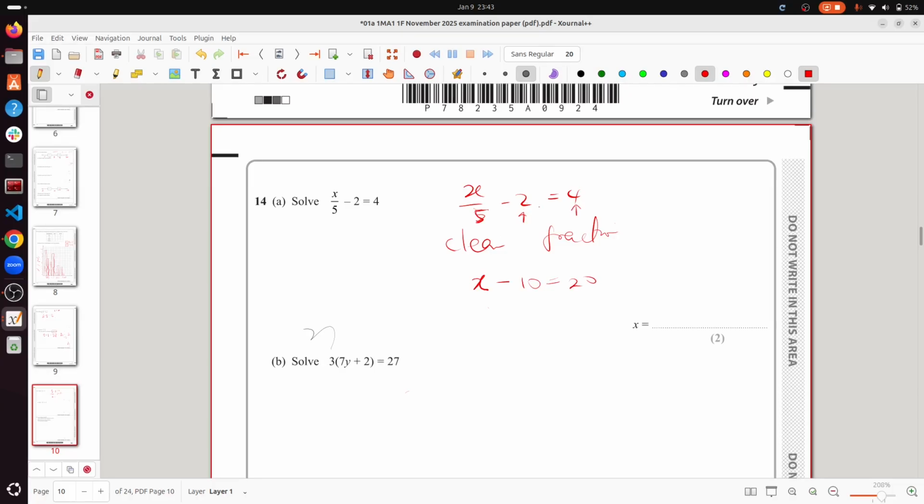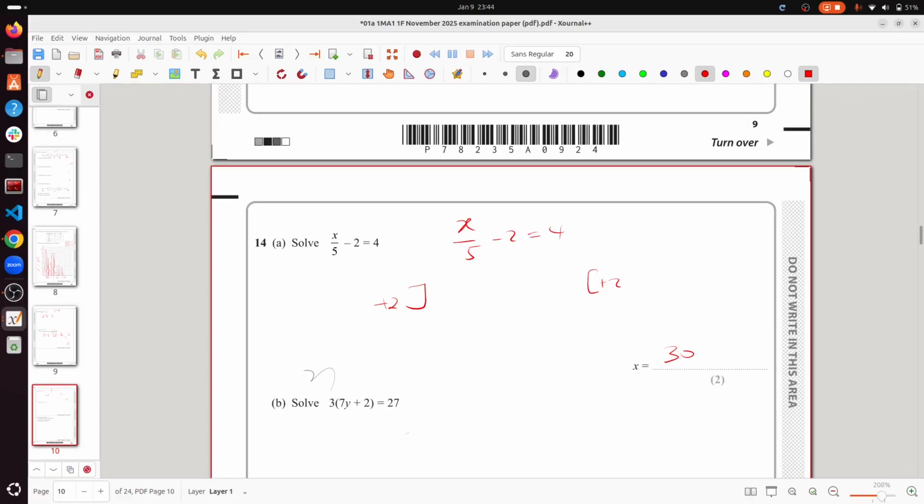And then I'm going to do the inverse. Add 10 to both sides. And then I have x is equal to 20 plus 10, 30. That is one way of doing it. The second way of doing it, I first of all add 2 to both sides because that is the inverse of minus 2.